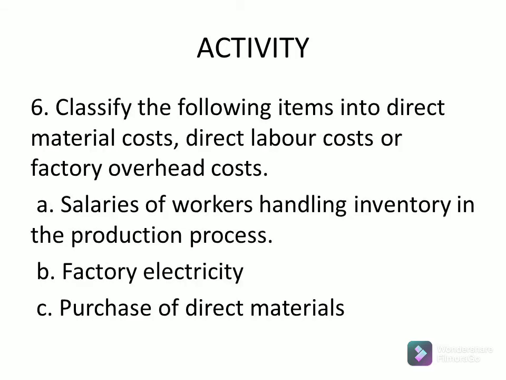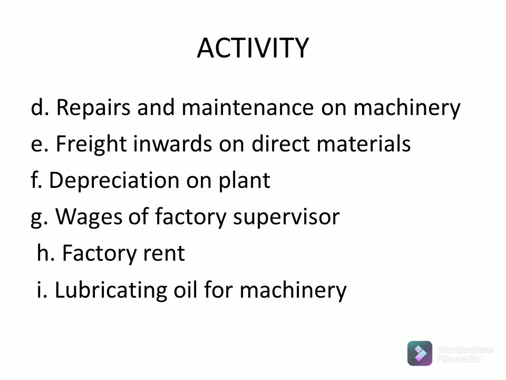Activity number 6, classify the following items into direct material cost, direct labor cost, or factory overhead cost. Part A, salaries of workers handling inventory in the production process. You classify whether it is a direct material cost, direct labor cost, or factory overhead cost. Part B, factory electricity. Part C, purchase of direct material and maintenance on machinery.